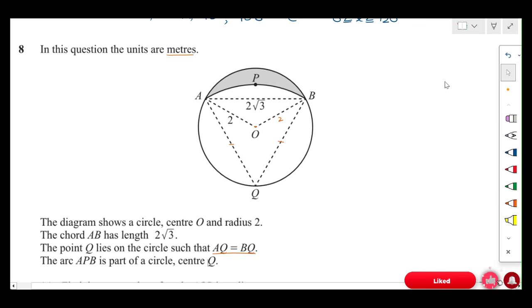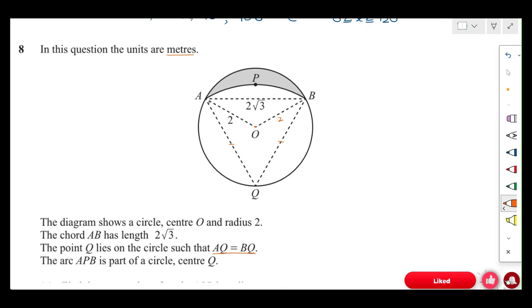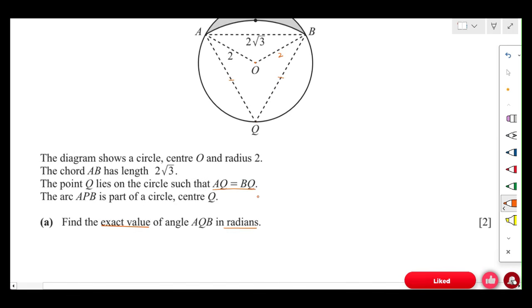Now the arc APB is a part of a circle with center Q. APB is the arc of another circle, and the center of that circle is Q. Part A: find the exact value of the angle AQB in radians.